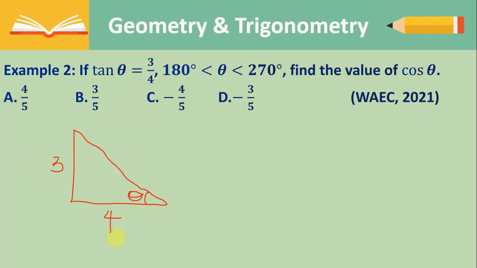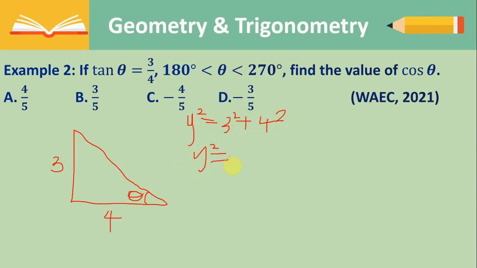Now, let me give a small work. Can you help me to calculate this hypotenuse? If you have done so, that will be y square, I'm using y to represent the hypotenuse, equals 3 square plus 4 square. What is 3 square? 9.